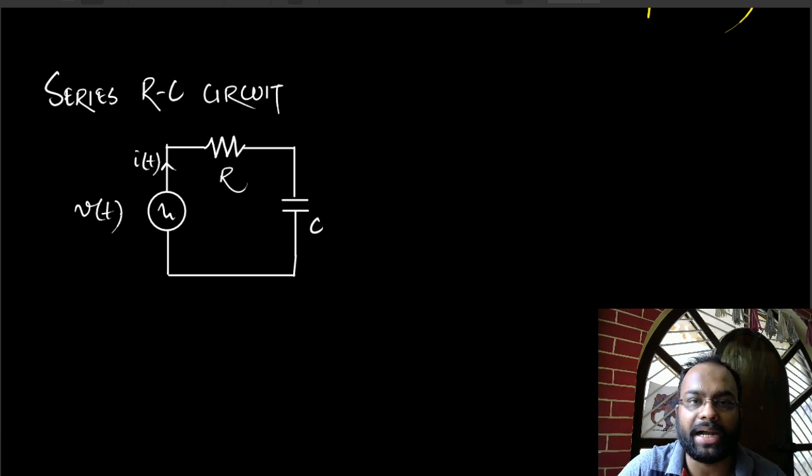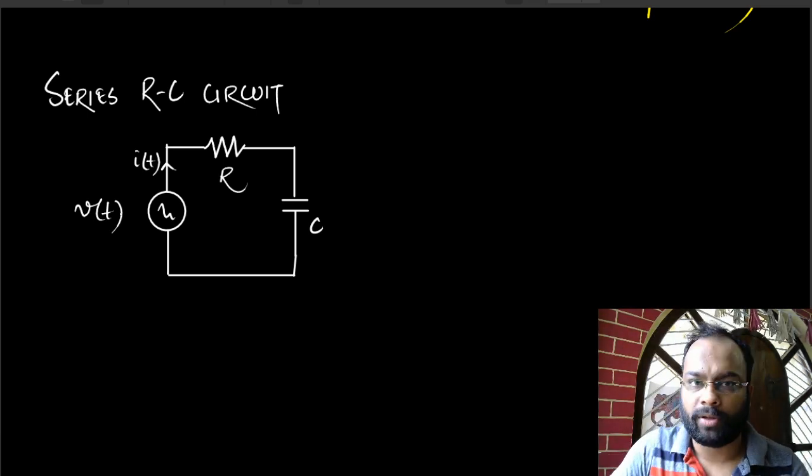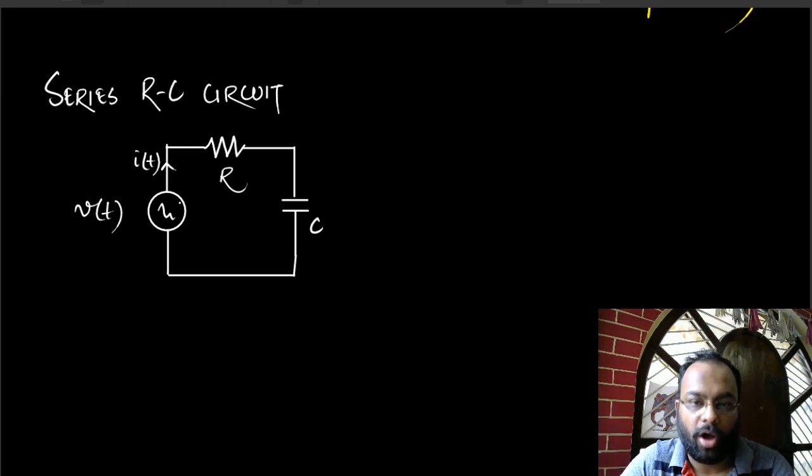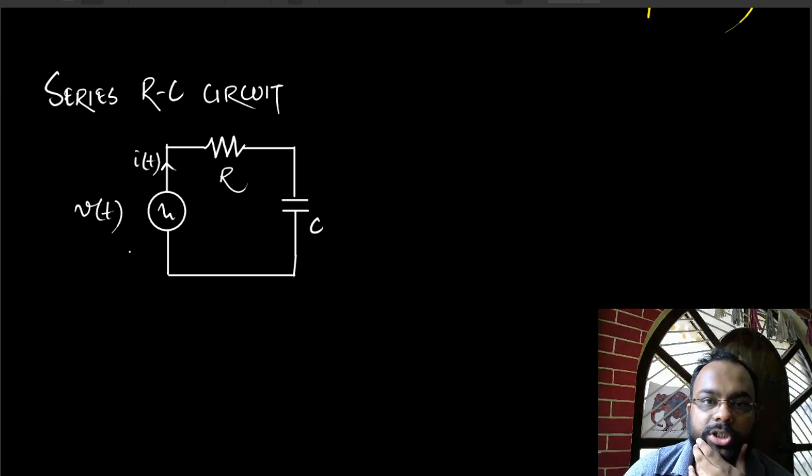So in a series RC circuit, what do we usually consider to be the output? Somebody tell me that first. Is it the current that we consider to be the output? Of course, this voltage is the input, that's for sure.